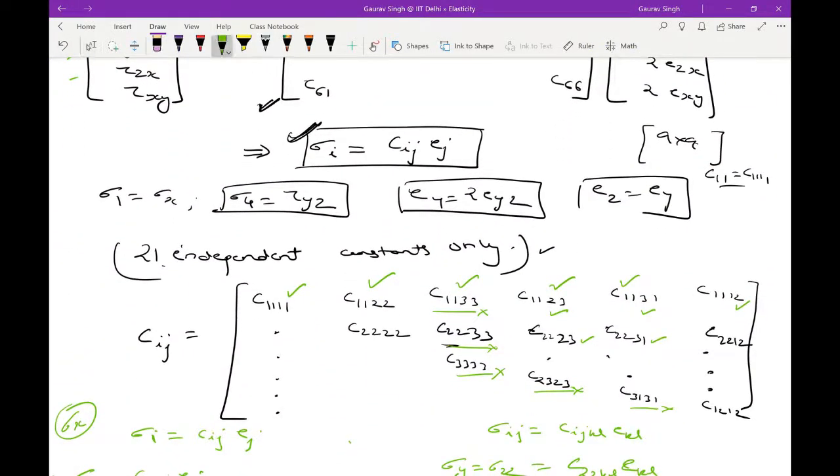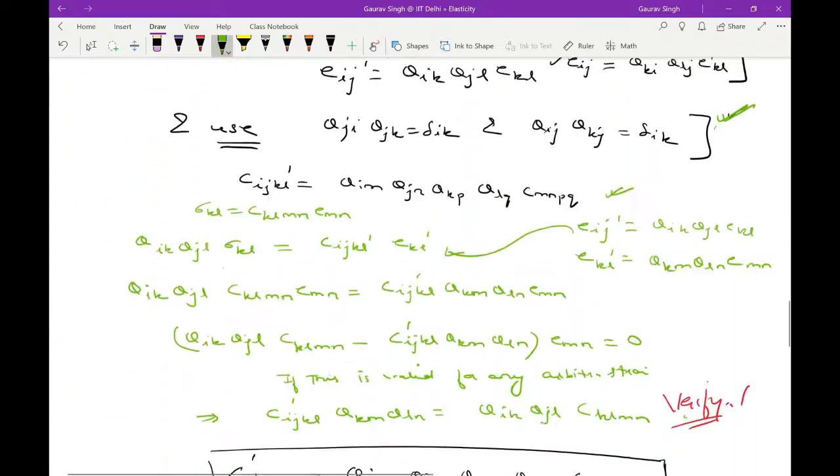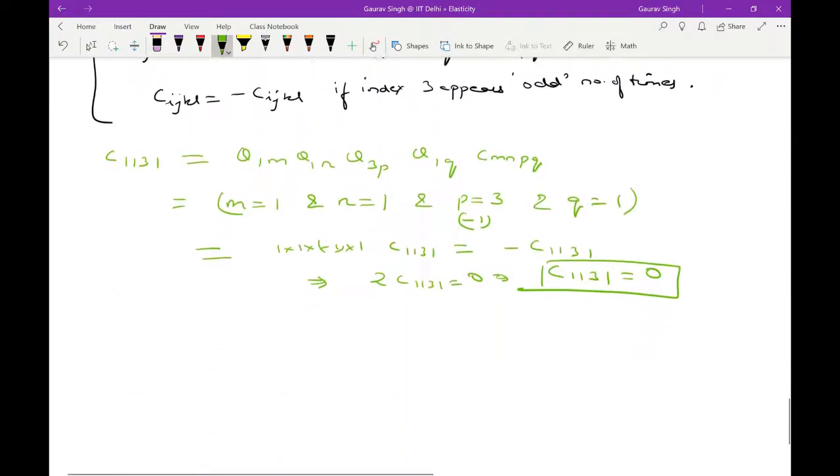That is okay, we have already shown it for an odd number of times, which is once. And let's try to show that if it occurs an even number of times, then this is not true. So let's try C1133.